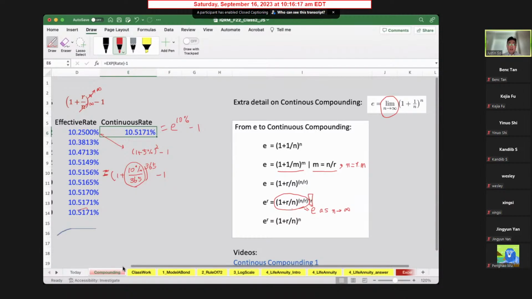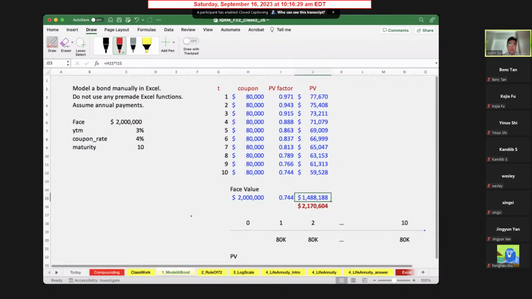Now we're going to move to the yellow tab, which becomes an assignment in the class. We're going to cover modeling a bond. The question on the right side is, instead of writing everything, I already wrote it before the seminar started: model a bond manually in Excel. Modeling a bond means you calculate the bond price by calculating each payment.